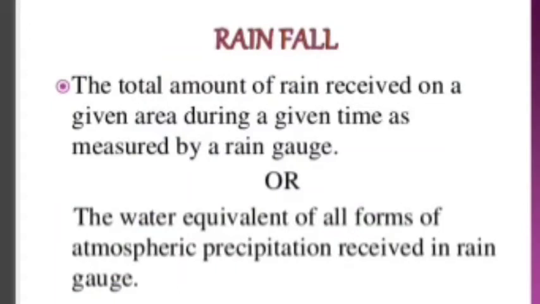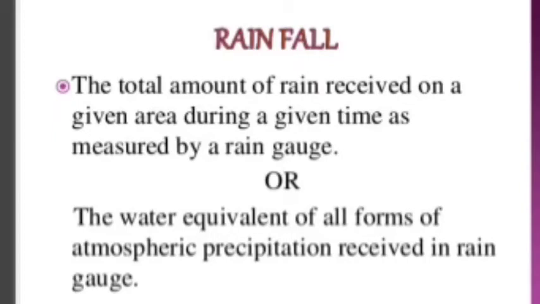Rainfall is the total amount of rain received on a given area during a given time, as measured by the rain gauge. The rain gauge is the instrument to measure rainfall. In which units do we measure rainfall? Centimeters.